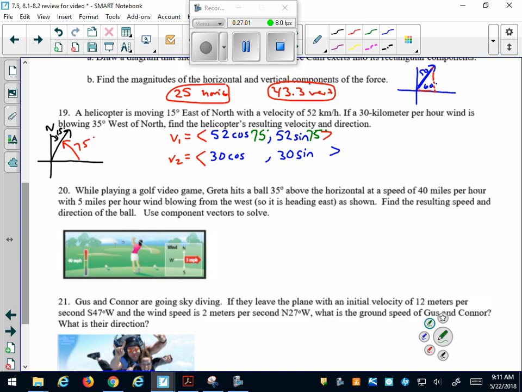Now the wind is my vector 2, is blowing 35 degrees west of north. Here's north, here's west, 35 degrees west of north. Well, from the horizontal, that's 90 plus 35, or 125 degrees.